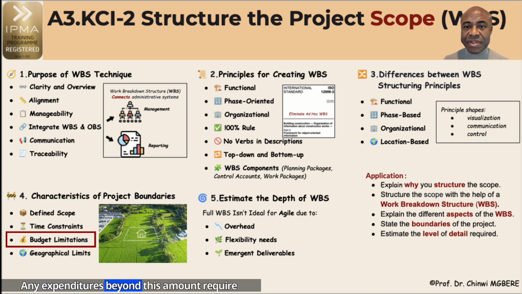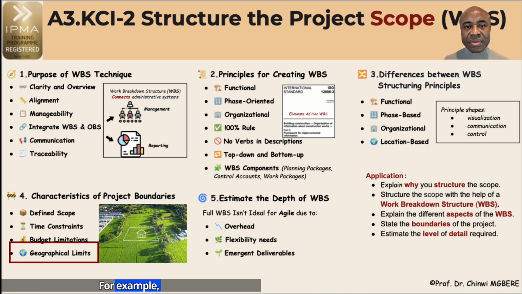Any expenditures beyond this amount require change control approval. Geographical or physical limits indicates the physical location or coverage area of the project, especially important in construction or infrastructure projects. For example, construction project limited to Site A. Out of scope will be no work permitted beyond the property lines.